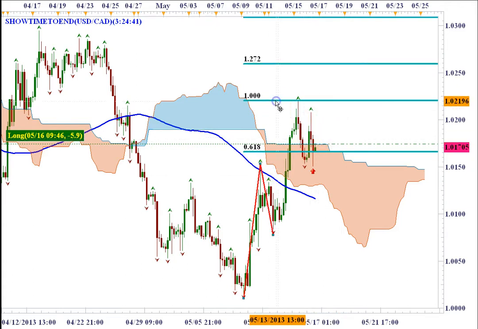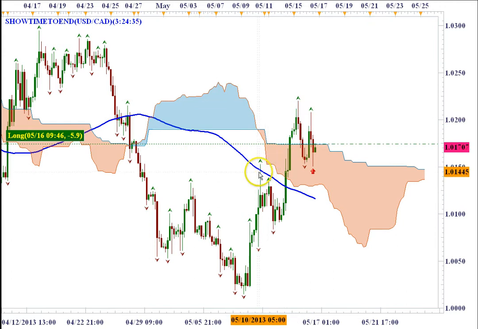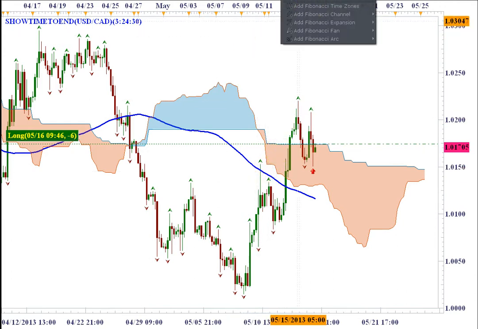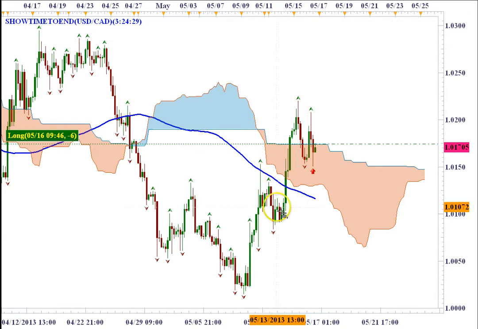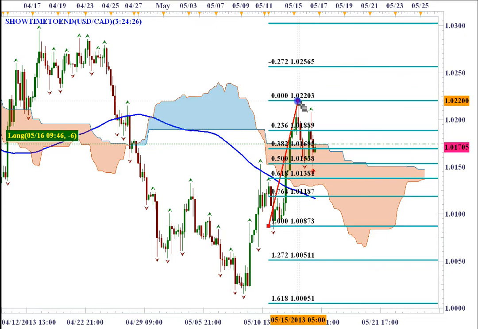So let's remove these off the chart, and then let me show you your Fibonacci retracements. Now here's where I was going to get into the trade, but what I did different, I did something a little bit different.